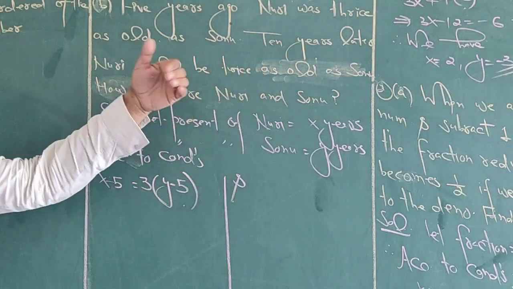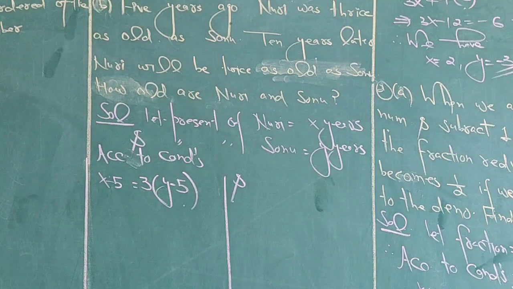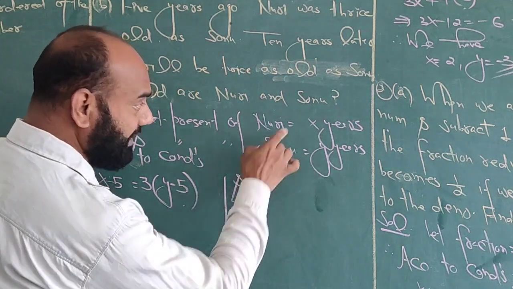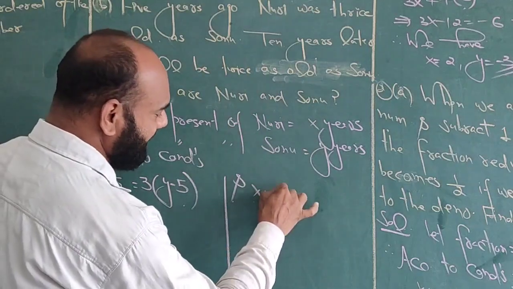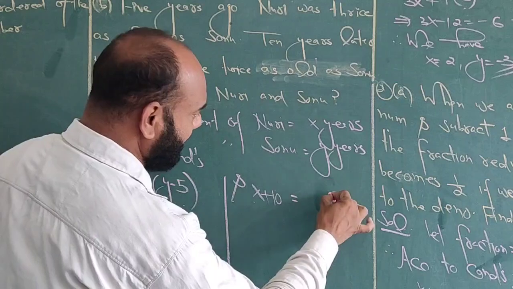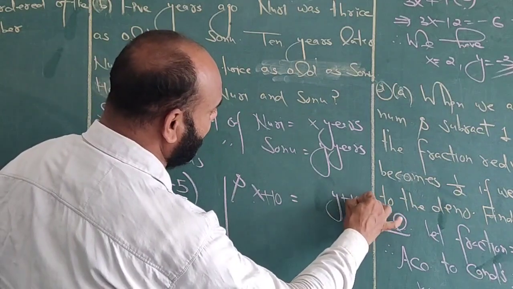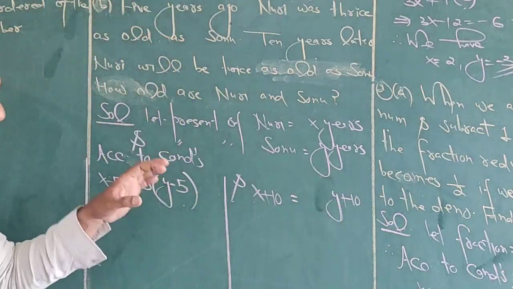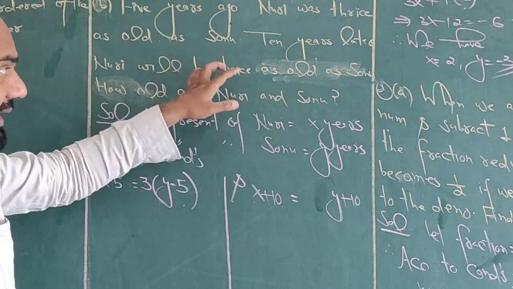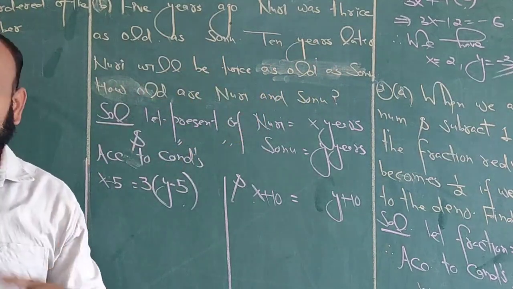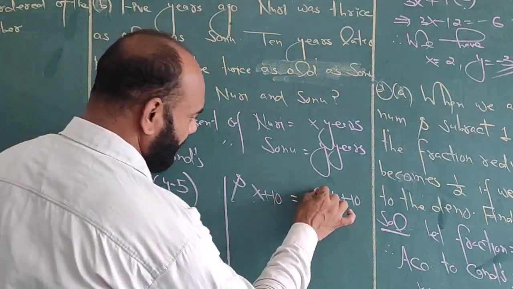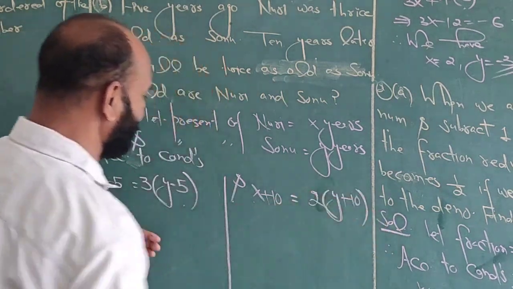Now we take the ages after 10 years: the age of Nuri is x plus 10 years, and the age of Sonu is y plus 10. According to the condition, 10 years later Nuri will be twice as old as Sonu. So this is the second condition.